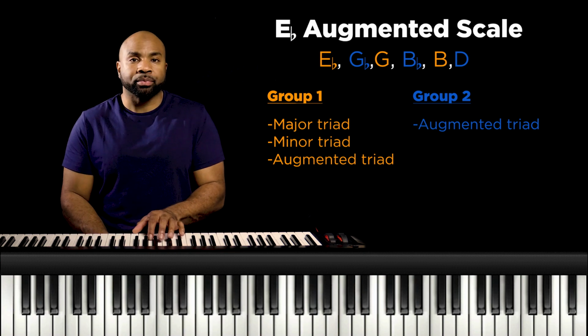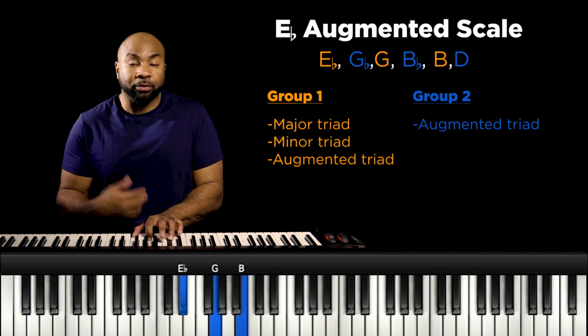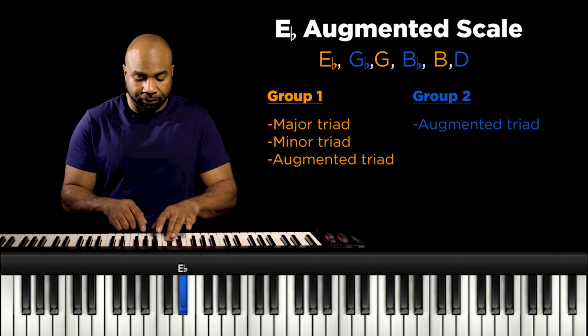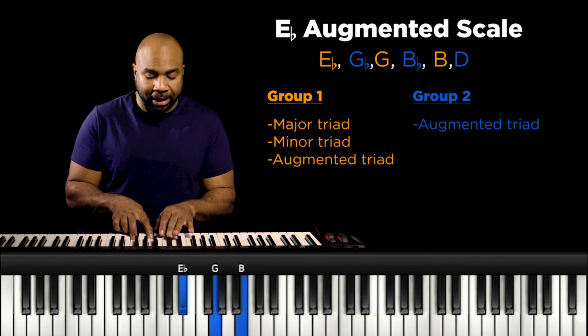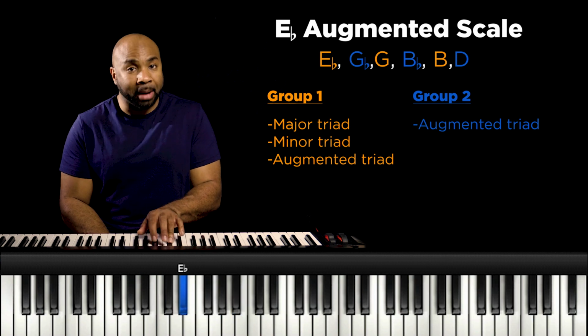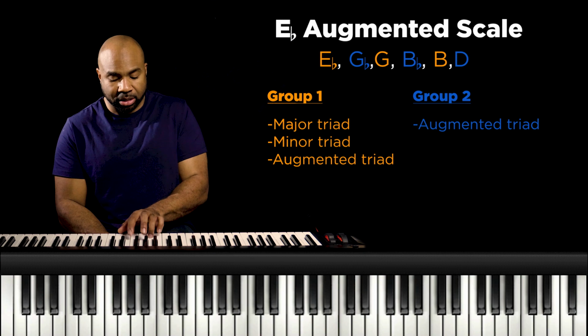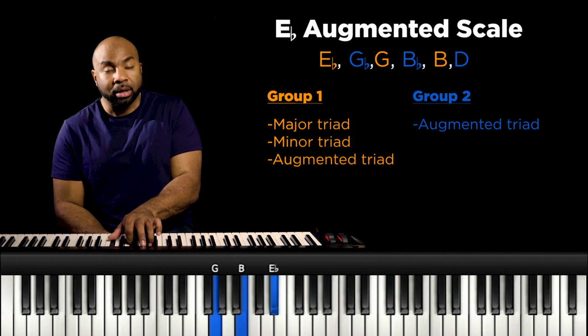And that first group is comprised of these notes, or the notes that comprise the E flat augmented scale, which would be E flat, G, and B flat. So E flat is gonna be in major, minor, and augmented. So we go to G. G is major, minor, and augmented.